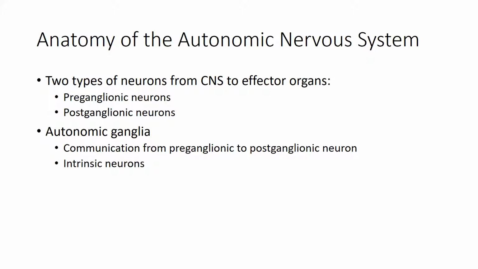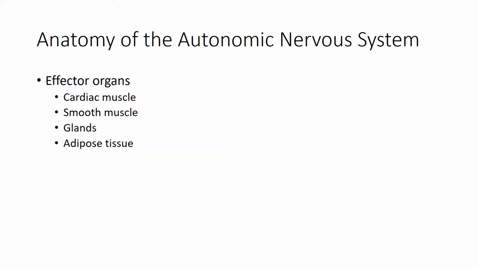So the synapse or the cell bodies that are located outside of the central nervous system are what we call ganglia. The autonomic ganglia are specifically where the preganglionic autonomic fibers interact with the postganglionic autonomic fibers. Alrighty, and we'll see that in an image coming up.